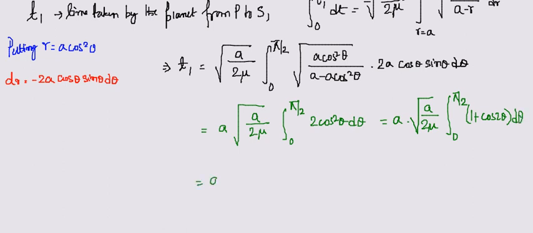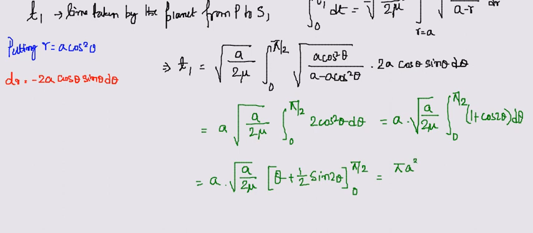Now again we can write this a of root over a by 2 mu, okay, this is theta plus half of sin 2 theta it will be, and we have the integral from 0 to pi by 2. So solving this, we will have this pi of a to the power 3 by 2 by 2 into 2 mu. So that is the time t1 that is taken by the planet from P to S, right?